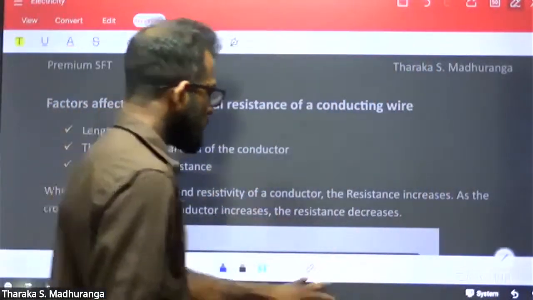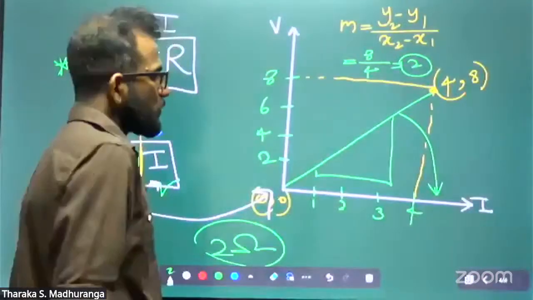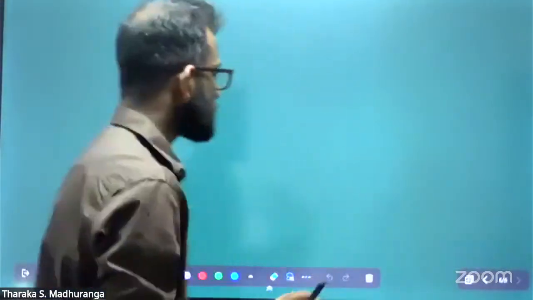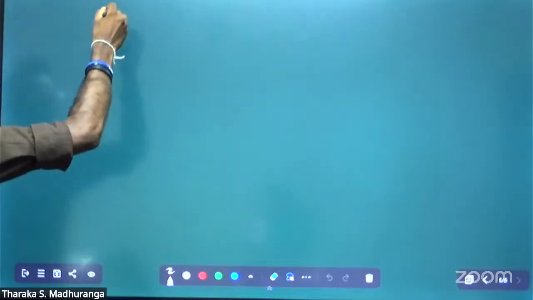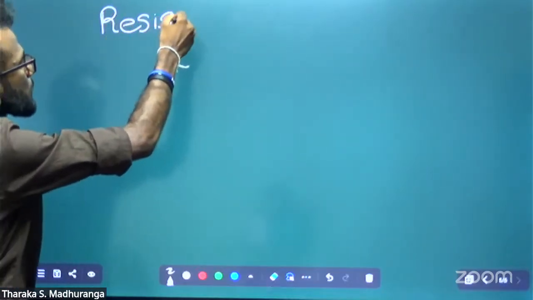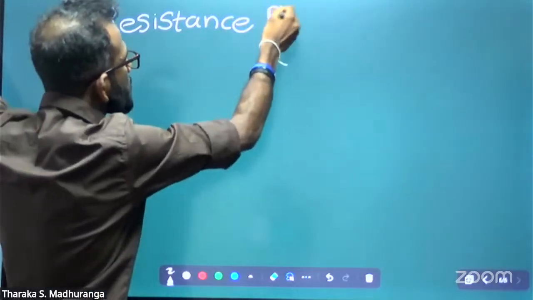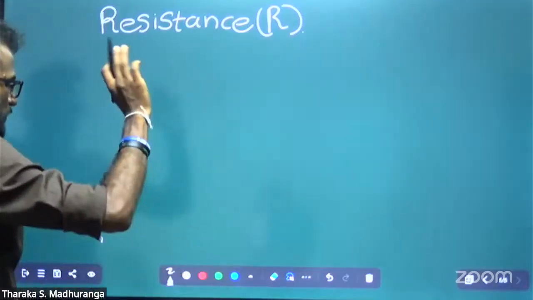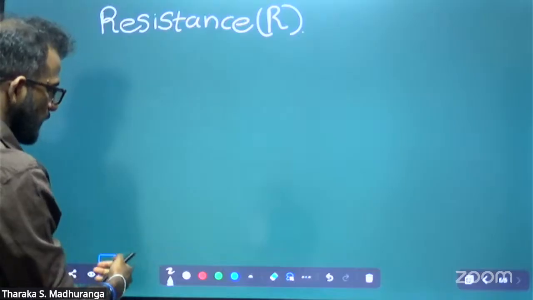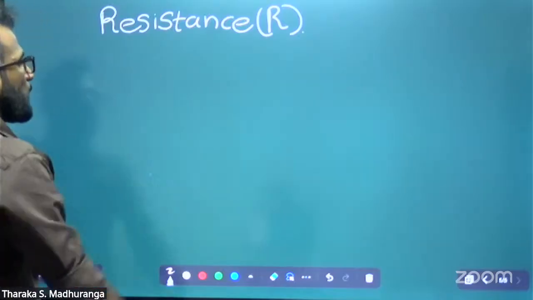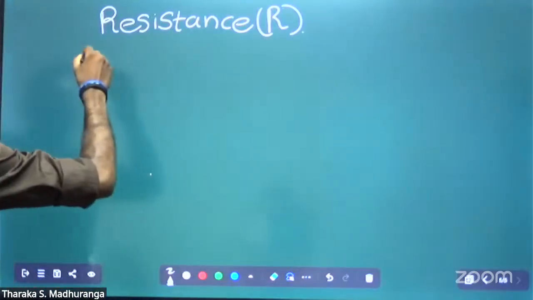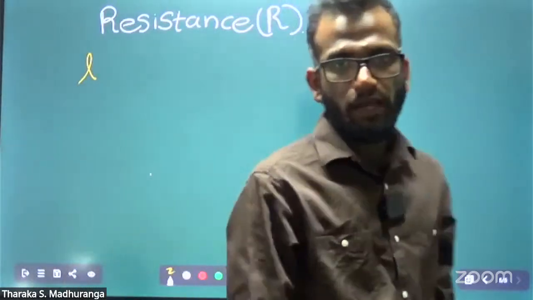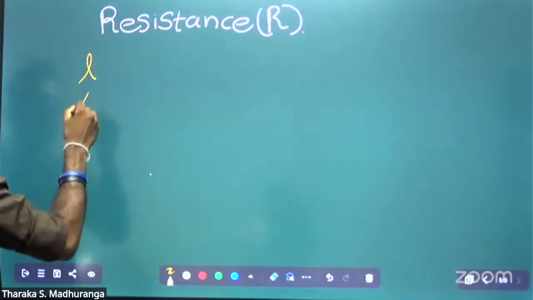When we consider resistance, there are 3 main factors that affect it. That is very important. Resistance is capital R. The first one is the length of the conductor.